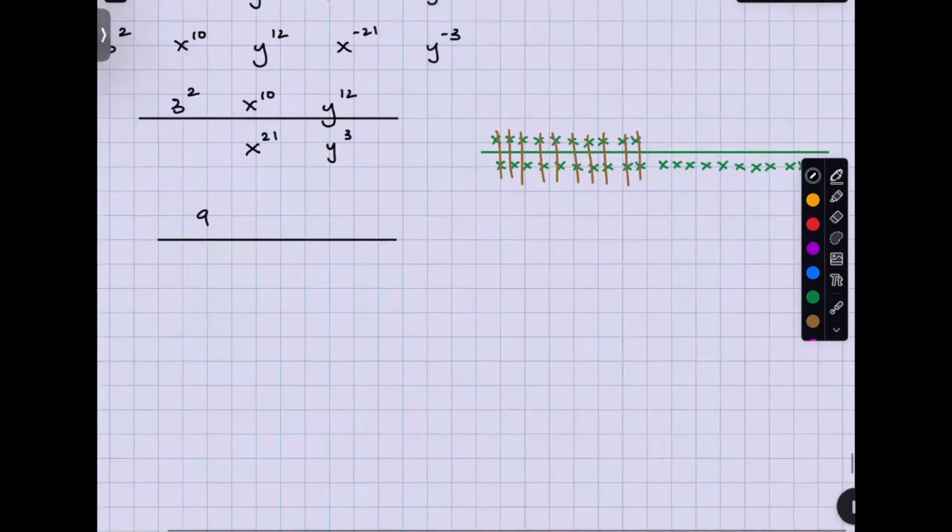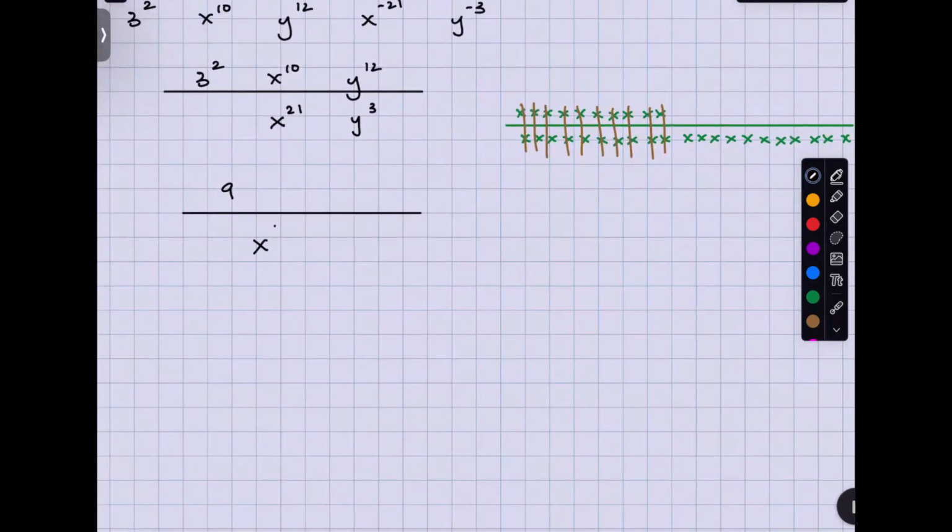So that means you have x to the 11th on the bottom. You got 12 y's on top, 3 y's on the bottom. 3 of them cancel out. How many do you have left? Yeah, no, for the y. 9. And they're going to be on top, right? So there's my answer.